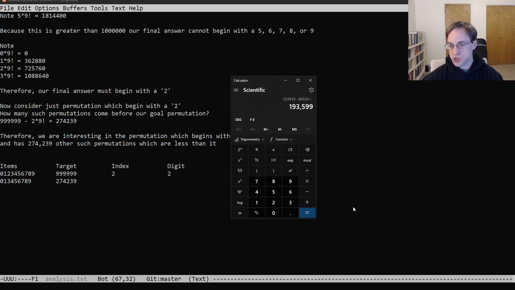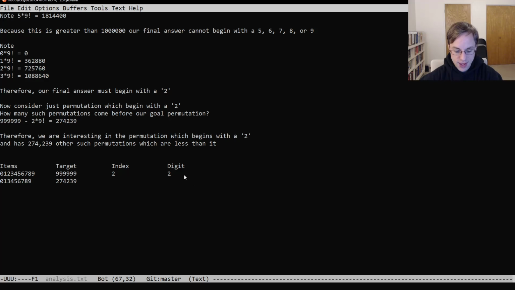So that's 1, 2, 3, 4, 5, 6. You'll notice that if we're down to 32,000 and change, 8 factorial is 40,000 and change. So if I were to subtract one more multiple, that would be a negative number, which is undesirable there. So we'll say 6. And here we can see an example of what I was talking about.